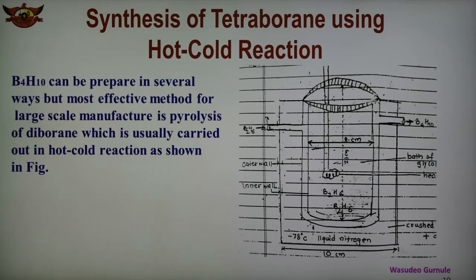The diborane B2H6 is first introduced into the evacuated reaction mixture, then it is frozen by keeping this cylinder in liquid nitrogen, and after that the liquid nitrogen is replaced by crushed dry ice. First we have to place this cylinder in liquid nitrogen.